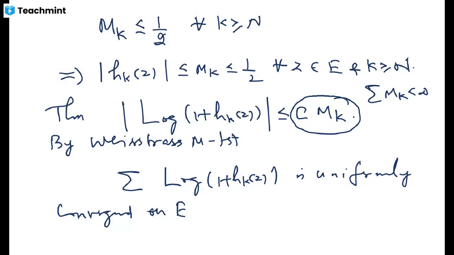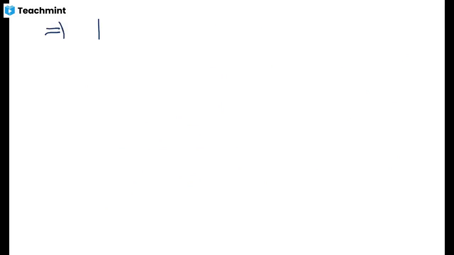So what does it imply? If this series is uniformly convergent on E, let's not talk about the product, by the way.